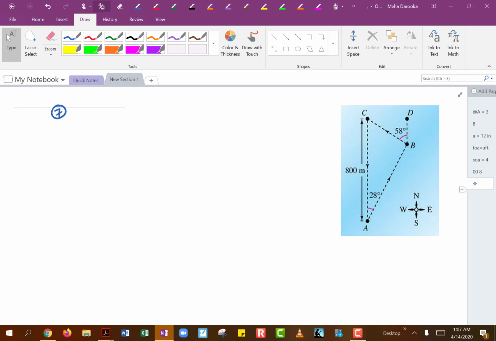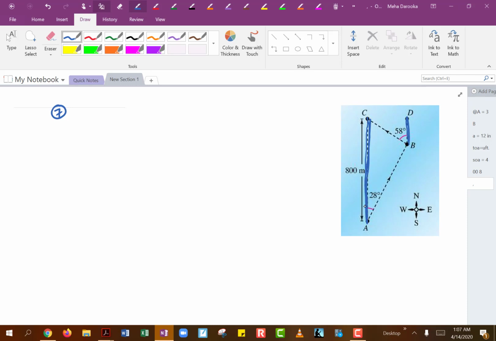Okay, so if you talk about lines AC and BD, that would be this line here and this line here. They're going to be parallel to each other.